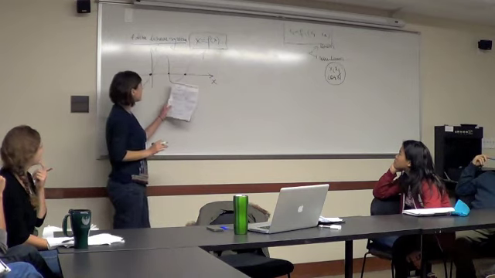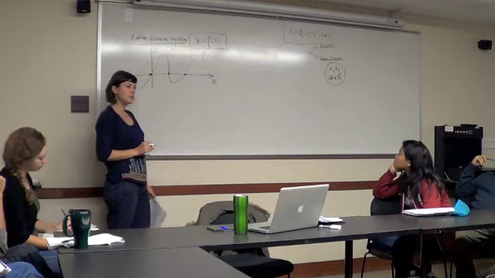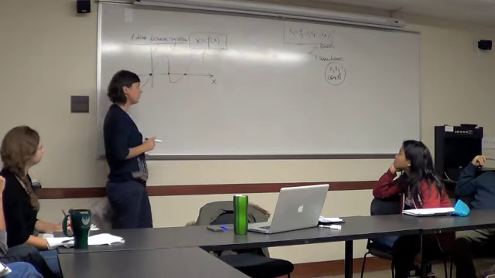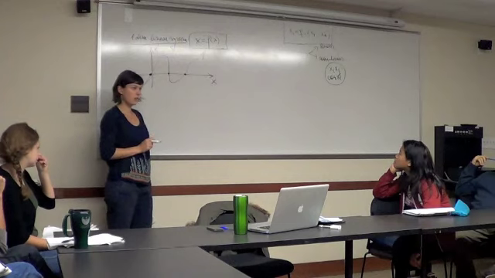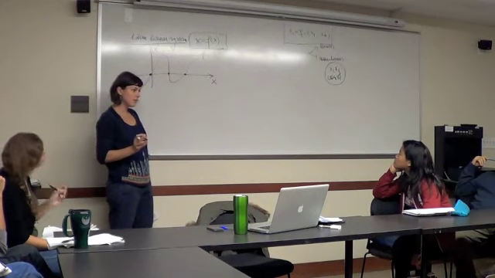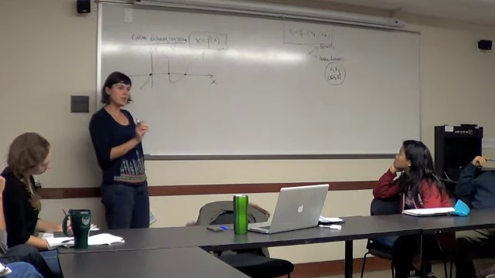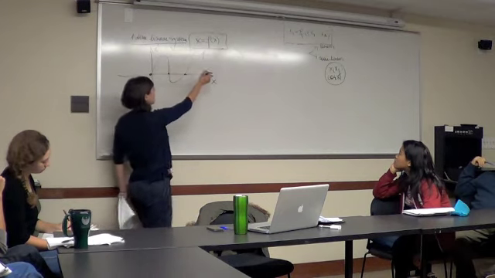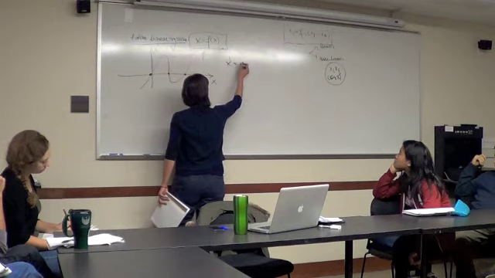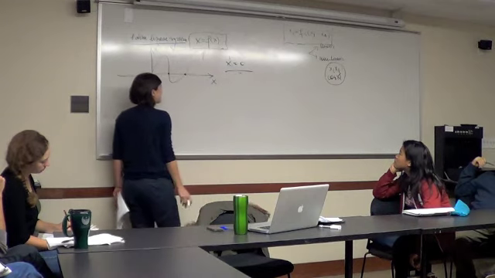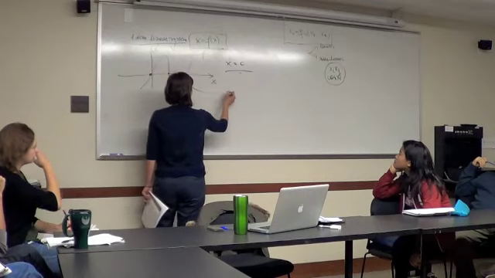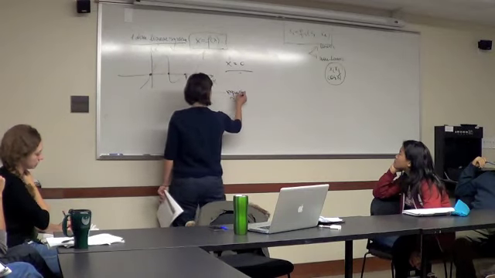So these points, can anyone tell me what happens to the system when we are at these points? If we start here, for example, what happens? We stay here, right? There's no movement. If you start at that point, you stay at that point. These are what's called equilibria points.